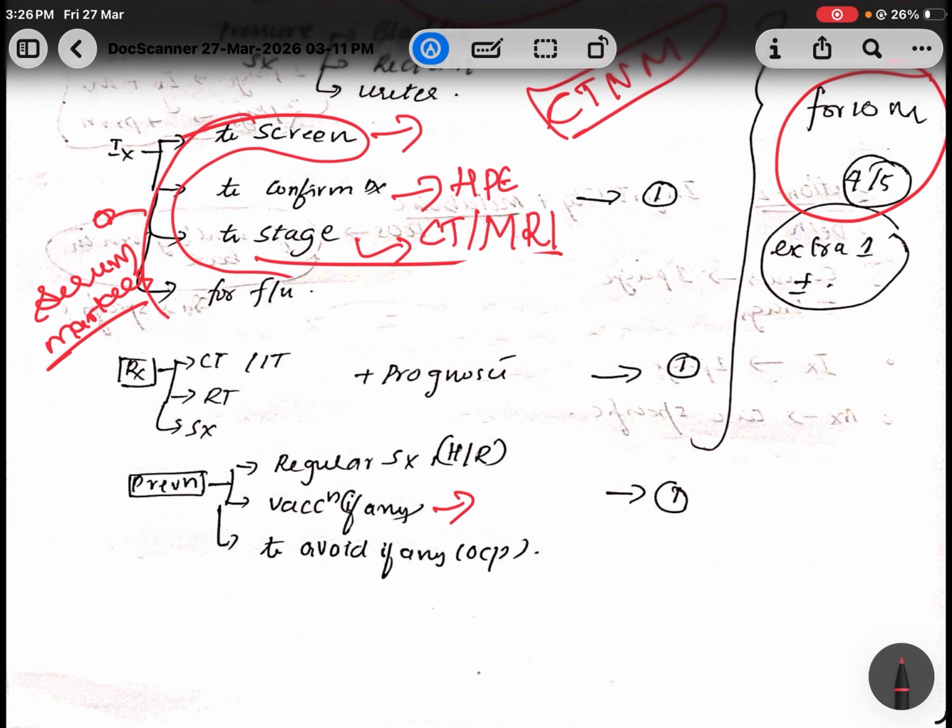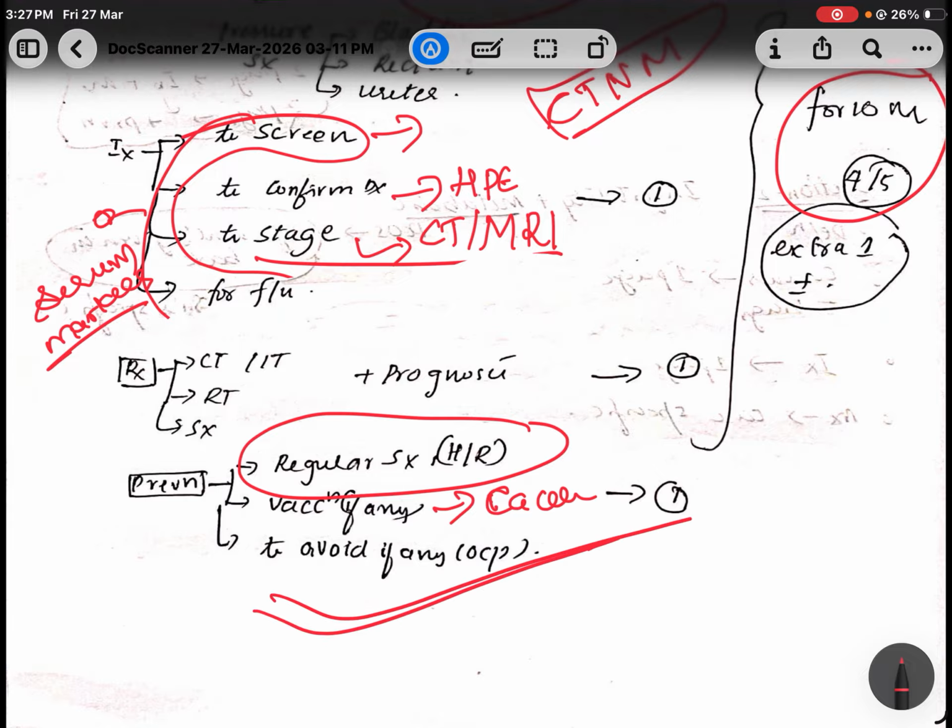Then regular follow-up, or in a case where there is a positive family history or Lynch syndrome, you have to mention that and advise early family planning and prophylactic hysterectomy. For endometrial cancer you can also talk about hormonal restriction.